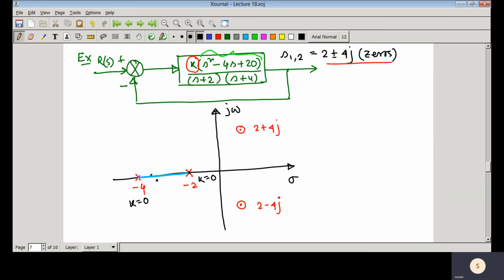So your root locus will start from -2 and -4, and when we keep on increasing the value of k, at a particular value between -2 and -4, that is the breakaway point, it will go like this.